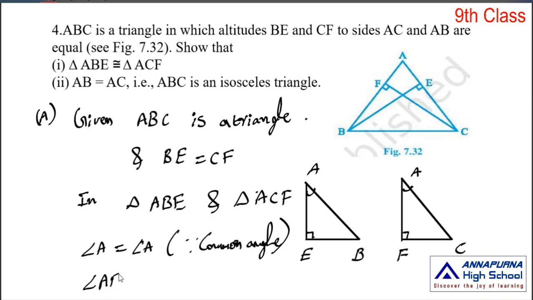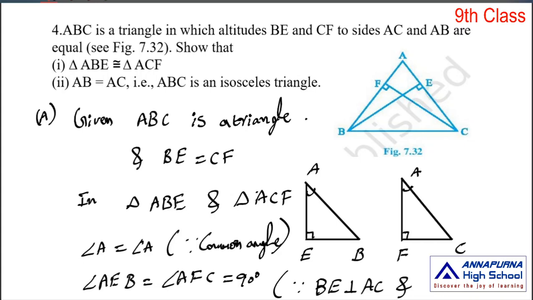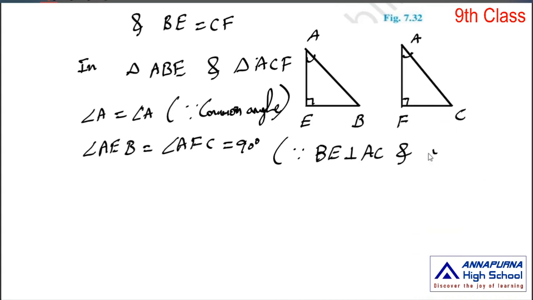Angle AEB is equal to angle AFC is equal to 90 degrees, since BE is perpendicular to AC and CF is perpendicular to AB.